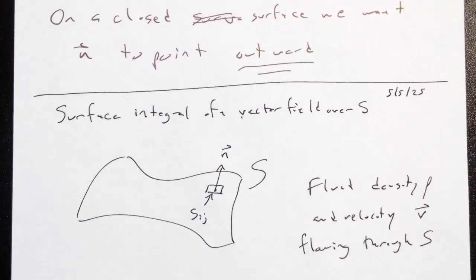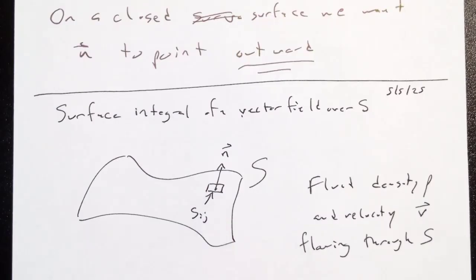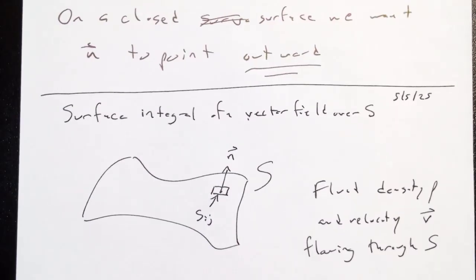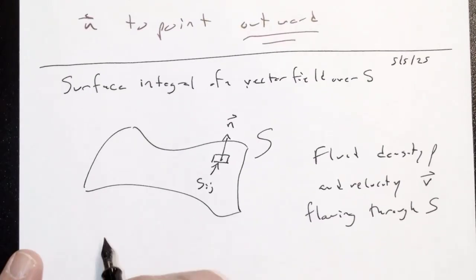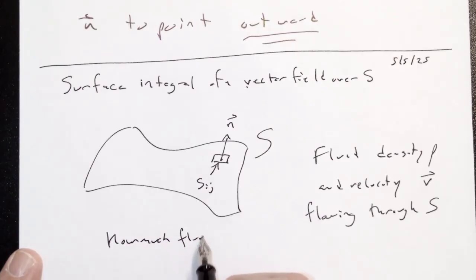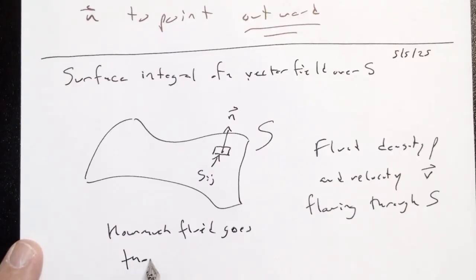Like we broke up a surface into little squares. So I have S_ij, this little square within my surface. My question to you, how much fluid goes through S_ij?